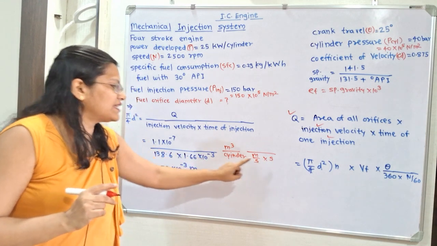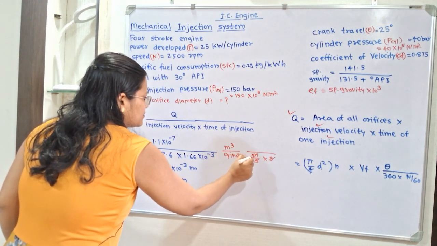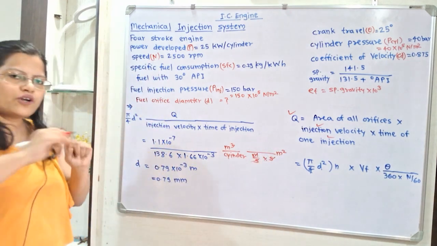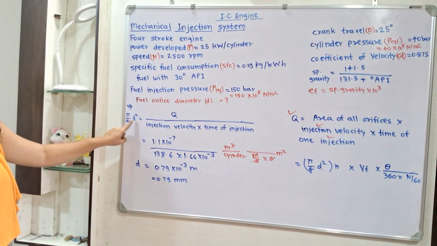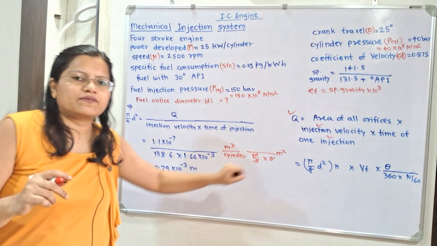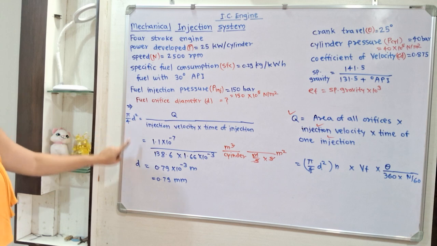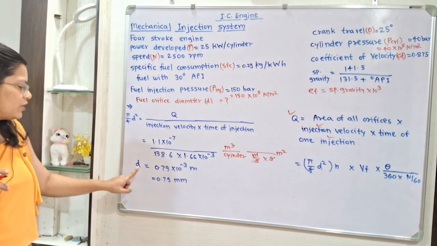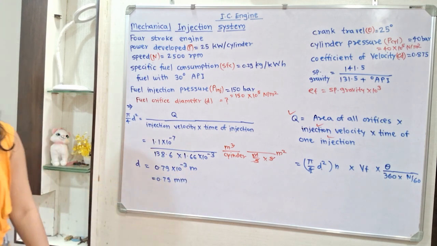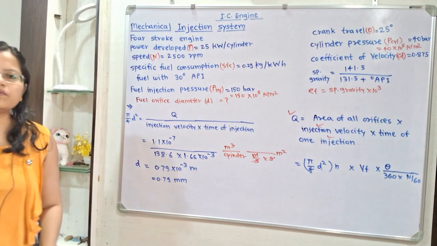So if we observe, this second is getting cancelled, then this meter cube and this meter are getting cancelled, so remaining is meter square. If we observe the left hand side, pi by 4 d square, for d square it is meter square. So when we take the square root on both sides, for d it will become meter. So for d it is 0.79 into 10 raised to minus 3 meter. So we can say that the answer is 0.79 millimeter.